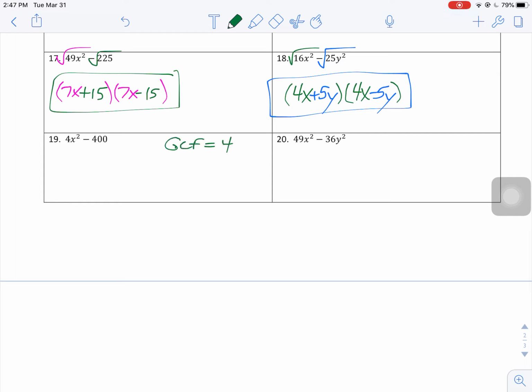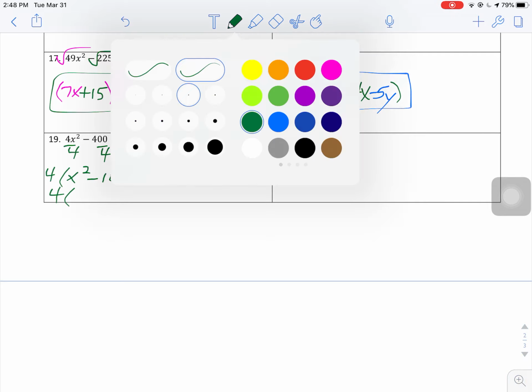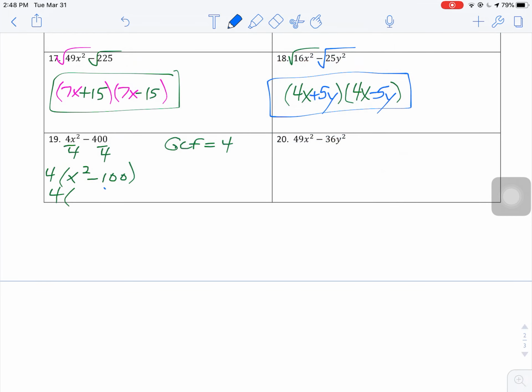Yes, a 4. So factor out a 4. And then looking at our leftovers in the parentheses, is that a difference of two perfect squares? Yes, it is. So drag down the 4 in front. Square root of x squared is x. Square root of 100 is 10. Make one positive, make one negative.